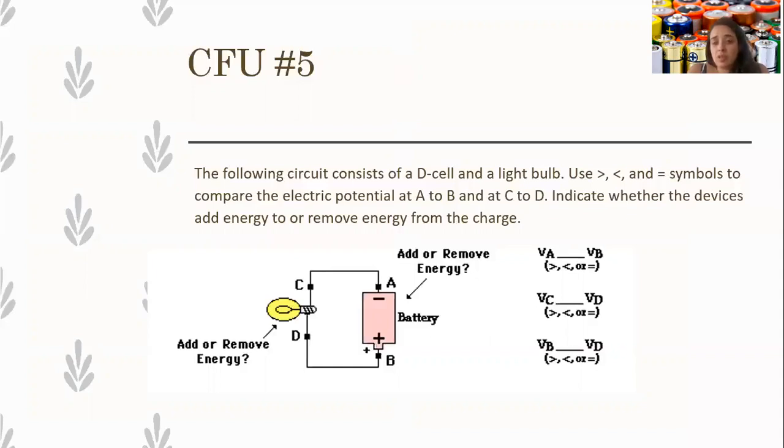The following circuit consists of a D-cell battery, which is the thick D batteries that you have, and a light bulb. Use greater than, less than, or equal symbols to compare the electric potential at A to B, and then at point C to D. Indicate whether the devices add energy to or remove energy from the charge.